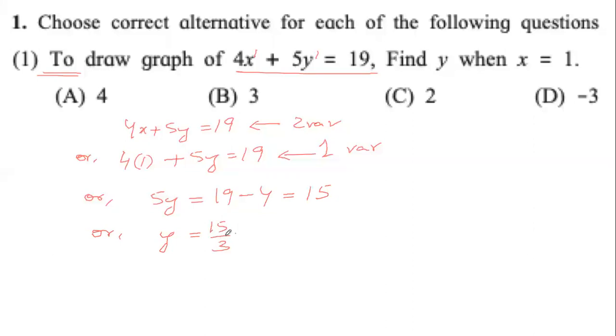And the answer that we get is 3. After we write this much, we will write, therefore, the correct answer is B, option B, 3. All these things you need to write, and you need to write in fair, not in rough.